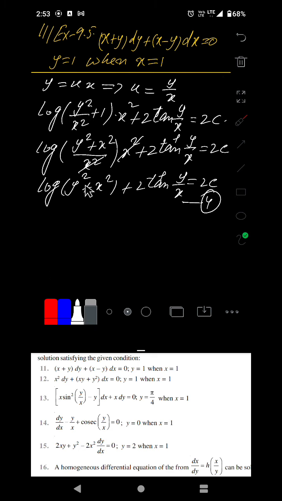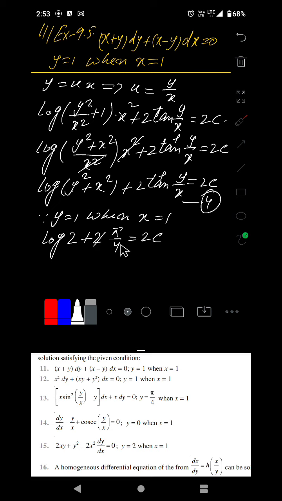Now this is the step where we need to find the particular value of c with the help of the boundary value condition, which is y = 1 when x = 1. Since y = 1 when x = 1, putting in this equation, we have log 2, because 1² + 1² is 1 + 1 = 2, plus 2 tan⁻¹(1/1), that is tan⁻¹1, that is π/4. So log 2 + π/2 = 2c.